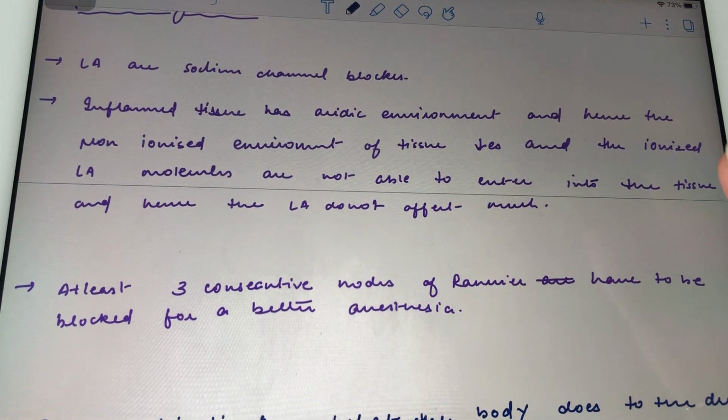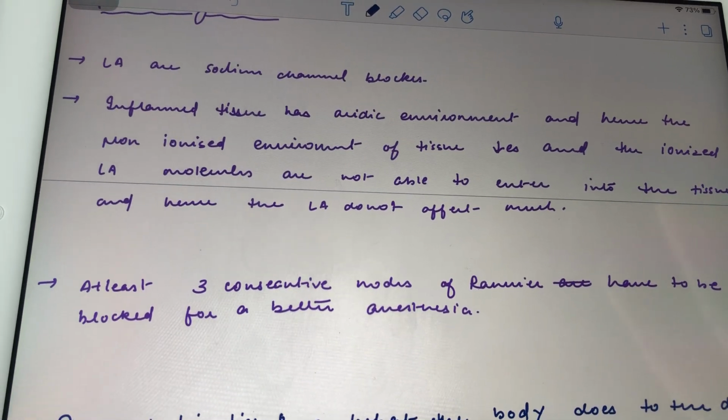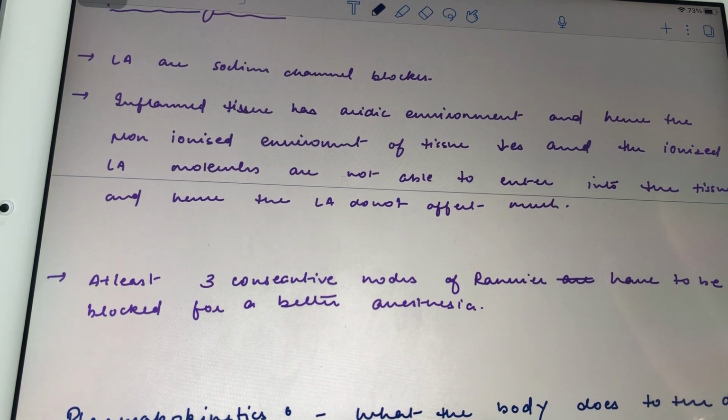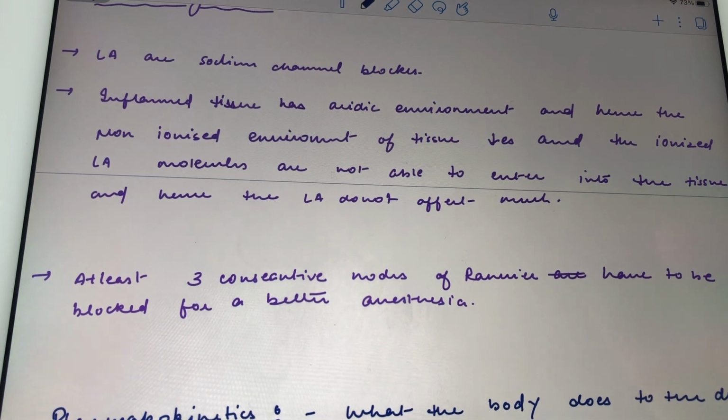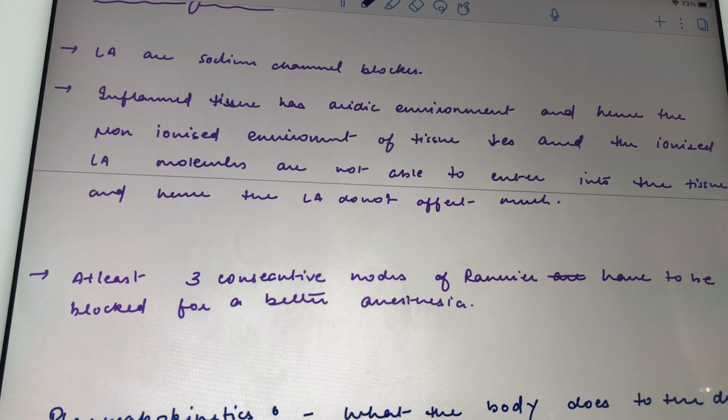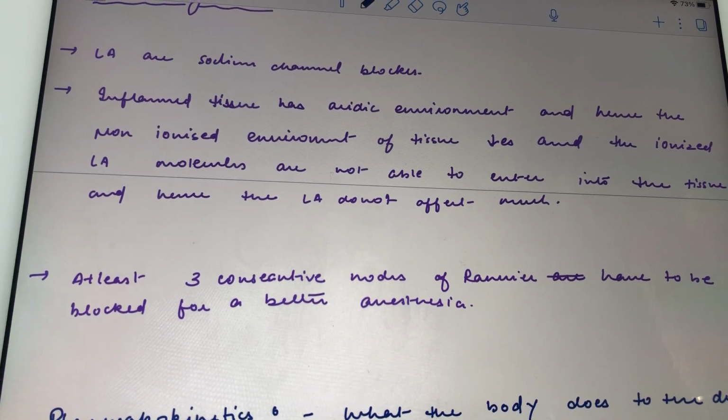Now in inflamed tissue, due to the change of environment, the pH of the tissue becomes different than normal.